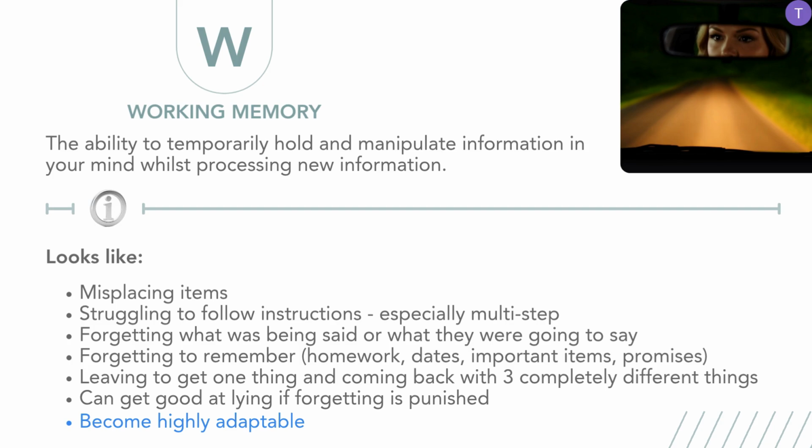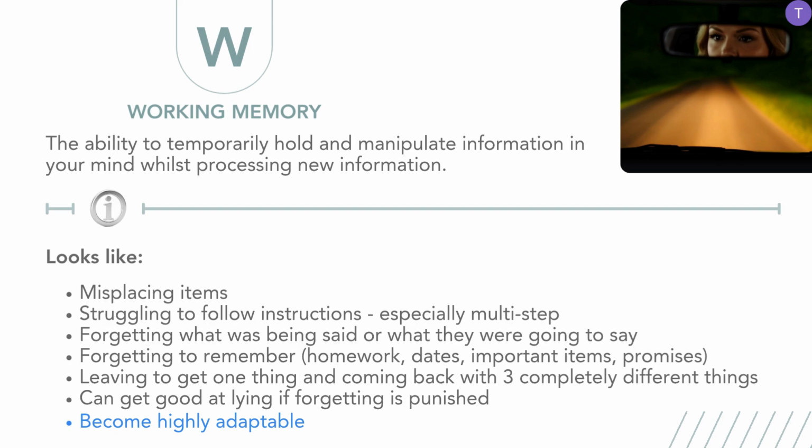Working memory is defined as the ability to temporarily hold and manipulate information in your mind whilst processing new information. So this is not the ability to remember something and give it back to you rote. Often that is using other memory skills. The real important part about working memory is that it needs to be held onto while processing new information.